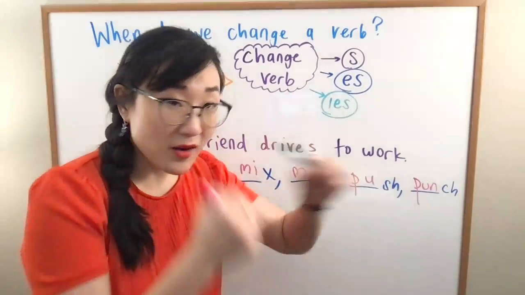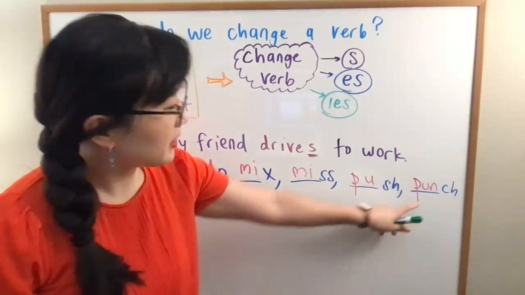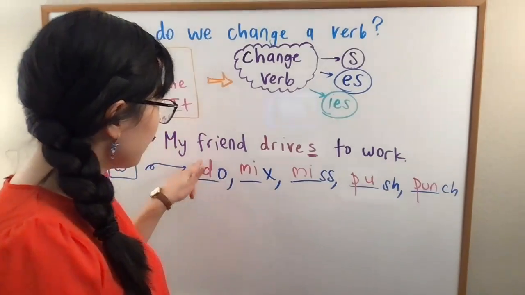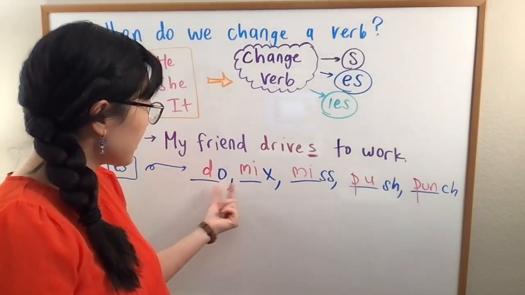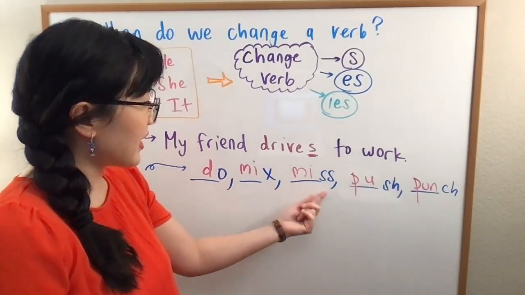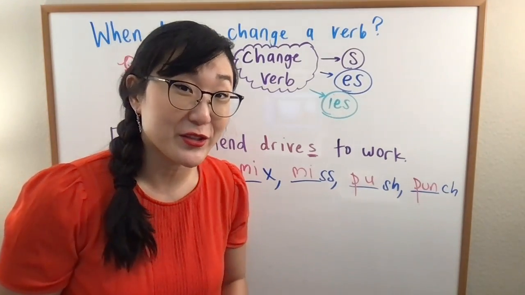Boxing, right? Boxing, you punch. So this can change. This is the important part. The O, the X, SS, SH, and CH.